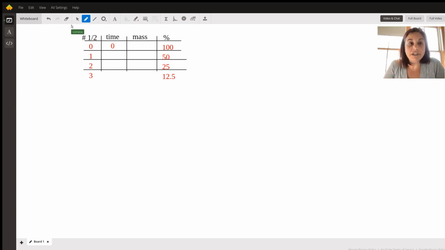Now we're going to shift to using the actual question. So the actual question is talking about carbon 14. And in the example question, it tells us that the half life of carbon 14, 1 half life, is going to be 5,730 years.